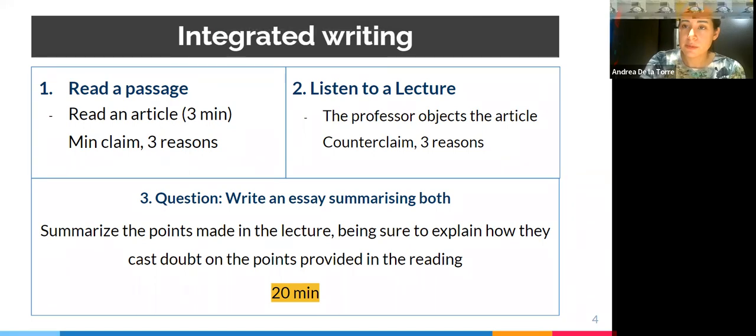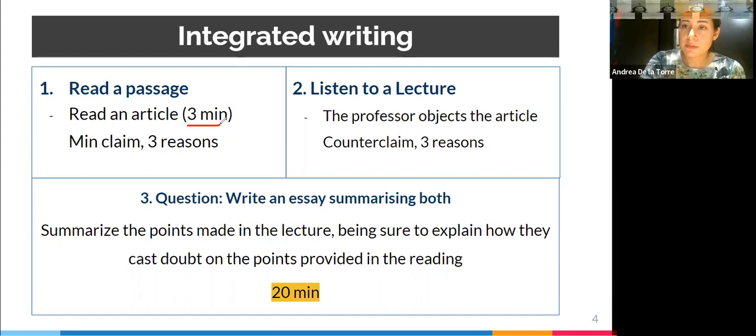It is a little bit longer, but not that much. You will read this article for exactly 3 minutes. You will have the timer there, and you will have 3 minutes to read the article, okay? You just have to read it. You are allowed to take notes, but believe me, you don't have to take notes. Please don't take notes here. All right, we'll talk about why later.